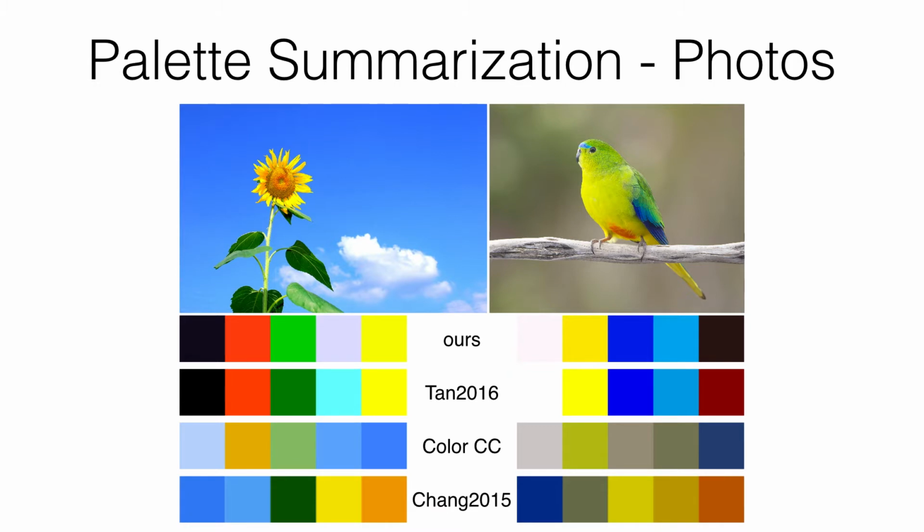It is clear to see that Chang 2015 and Color attempt to find salient or meaningful colors in some sense. Tan 2016 and our work focus on colors that reconstruct the image. We achieve similar palette to Tan 2016, but as we showed earlier, our reconstructions have much lower error for the same number of palette colors.